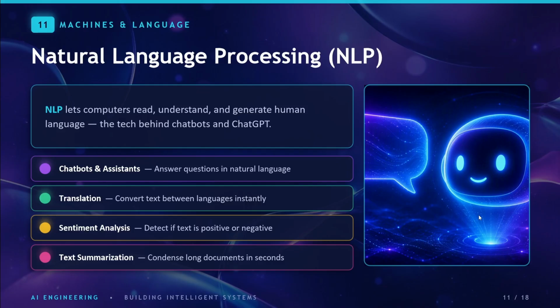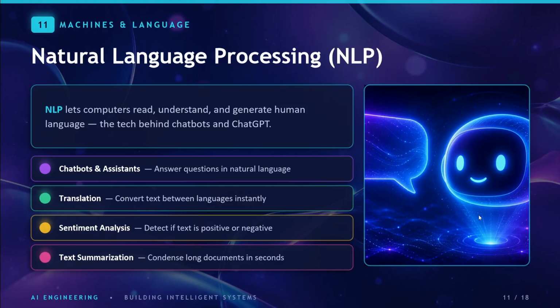Third, we have sentiment analysis, which is used to detect whether a piece of text, like a product review or a tweet, expresses a positive or negative sentiment. This is extremely valuable for businesses that want to understand customer feedback at scale without manually reading thousands of reviews.